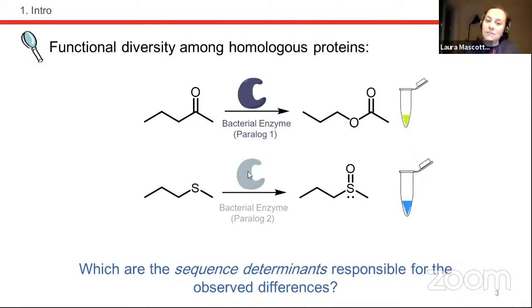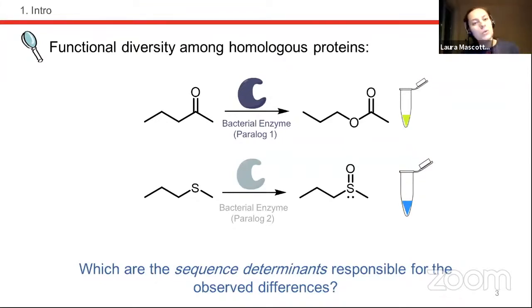But another very similar enzyme from the same strain, a homolog, is able to perform the sulfoxidation of sulfides. So the question is, how do these two different enzymes perform different activities, that is, which are the sequence determinants responsible for the observed differences?